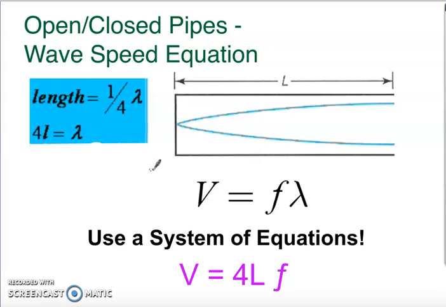Now, our wave speed equation that we learned and talked about last week is velocity equals frequency times wavelength. So if I want to go based on the size of the tube to determine how fast the air is traveling, or what note it's going to produce based on how big or small that tube is, I can actually substitute and use my system of equations, and I'll come up with the velocity of the wave is equal to 4 times the length of the tube at which the sound is produced times the frequency, the note that is produced.